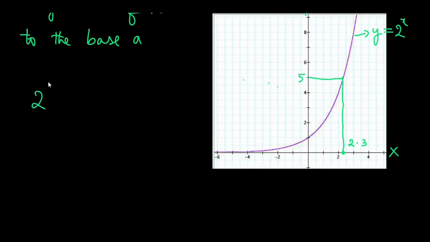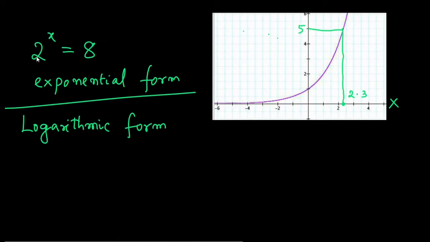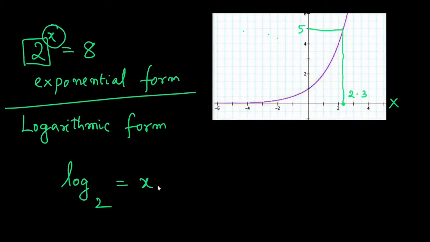Say 2 power x is equal to 8. This is exponential form. Now let us write the logarithmic form. Here the base should be the same. Here the base is 2, and for logarithm also the base is 2. The value should be the exponent.